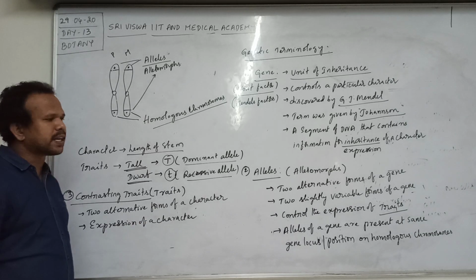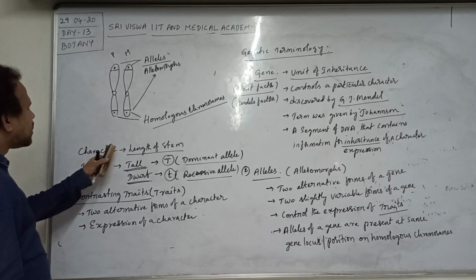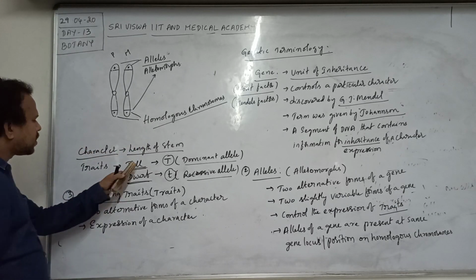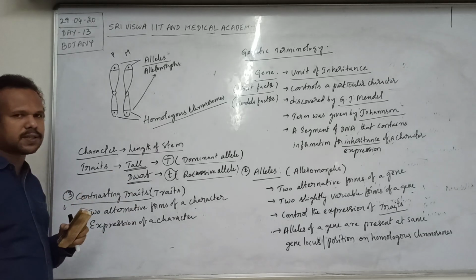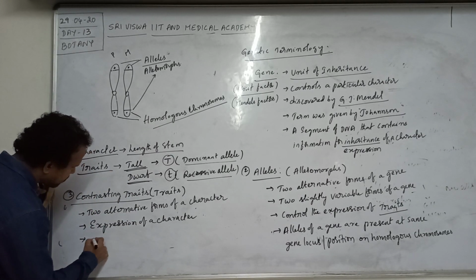When we consider length of the stem as a character, tall and dwarf are the traits. Then consider generally these contrasting traits.